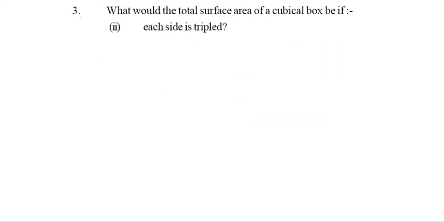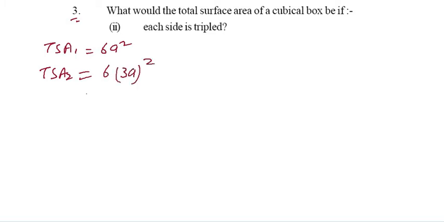Now come to the second part of this question. Each side is tripled. So each side is tripled, so we have to find the total surface area. So TSA1 is 6 of A square and TSA2 is 6 into, side is tripled, that means 3A whole square.